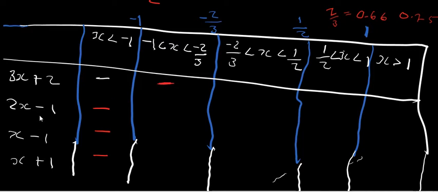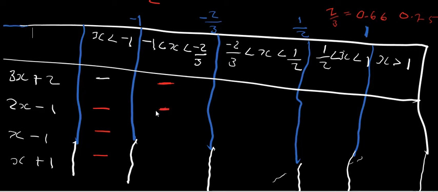Then the same -3/4, I put it there, is going to be -6/4. When I work it out, minus 1 is going to give me a negative there.